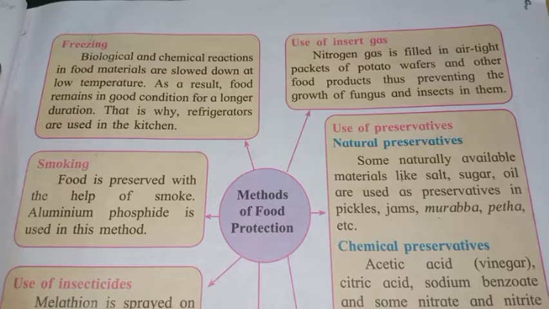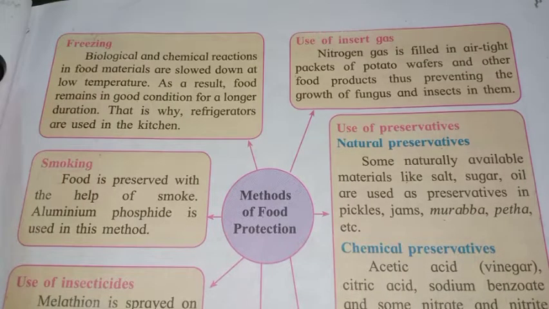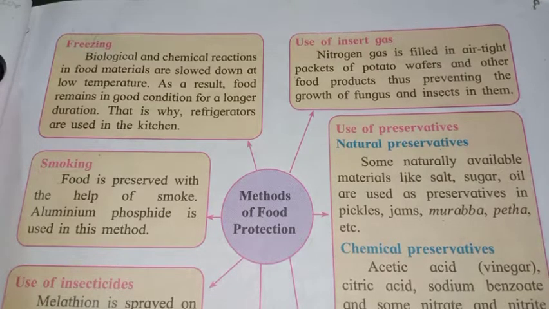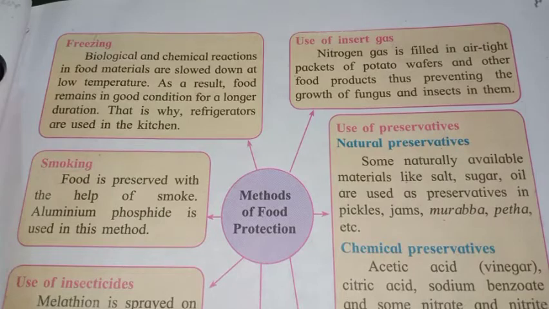Now on the next page of your textbook, that is page number 37, some methods of food protection are given. See, by which methods do we normally protect food from spoilage? First one is freezing. What is freezing? See children, normally we keep leftover food in the freezer, or many other things which we want to keep for 2 days, 3 days, or many days, we keep in the fridge.